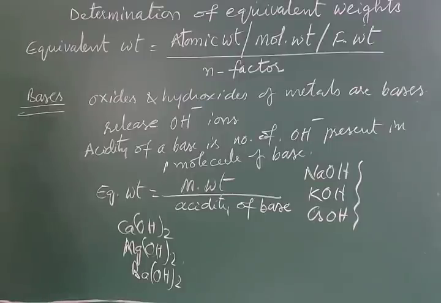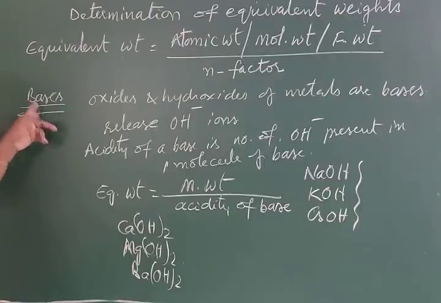Equivalent weight is half of the molecular weight. In the case of triacidic bases like aluminum hydroxide and ferric hydroxide, equivalent weight is equal to molecular weight by 3. In this way, for different substances, the equivalent weights are measured in different ways.